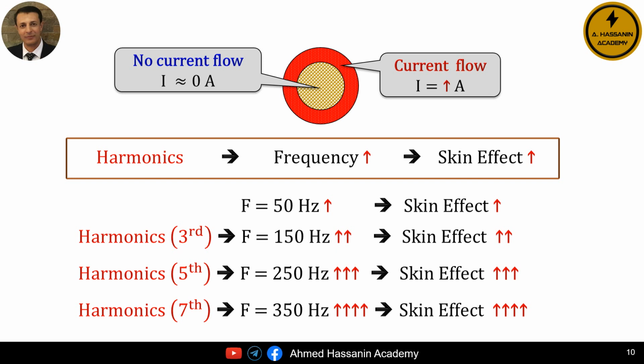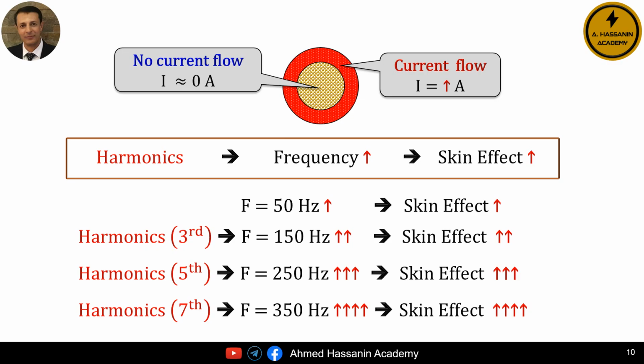For example, if the electrical network contains a third-order harmonic, this means the frequency present is 150 Hz. If the network contains a fifth-order harmonic, this means the frequency present is 250 Hz. If the network contains seventh-order harmonics, this means the frequency present is 350 Hz, and so on. Various frequency values due to the presence of harmonics.